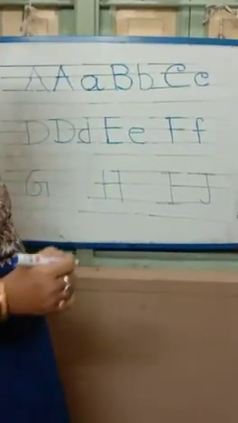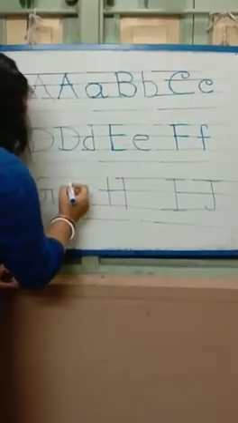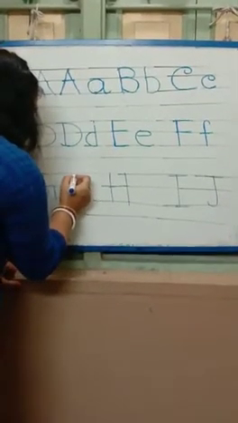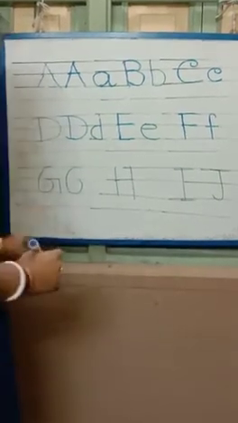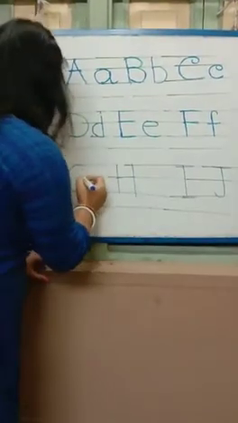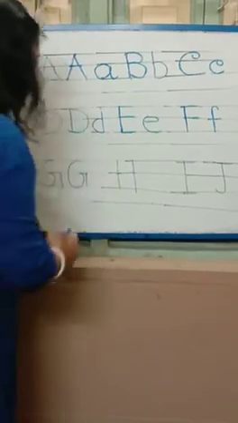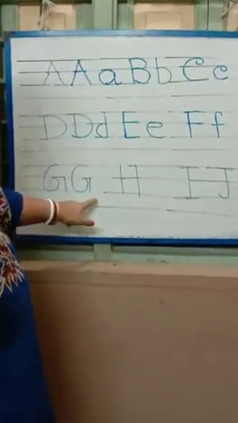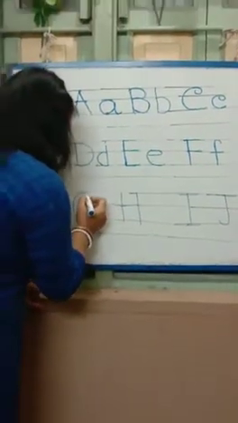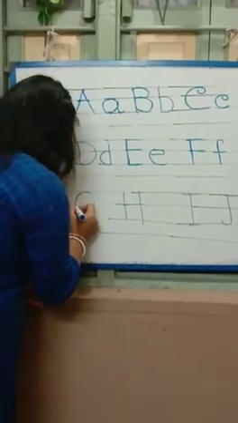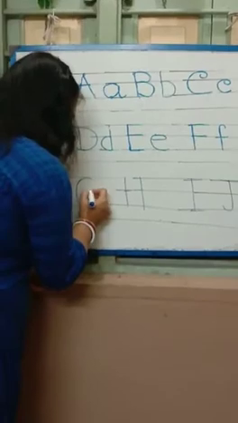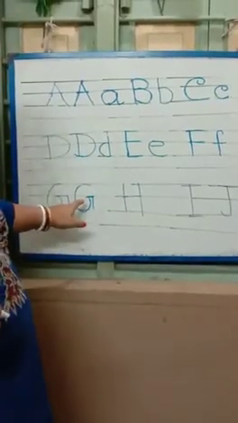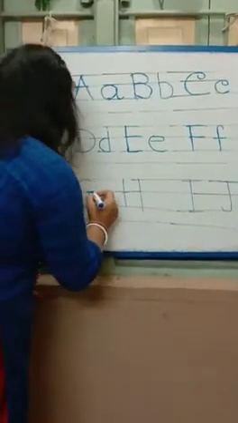Now we are going to do G. Just have a look. For G, we are moving from the first line to the third line. We are going over here. Then give a standing line, slipping line, and again go on to the standing line.